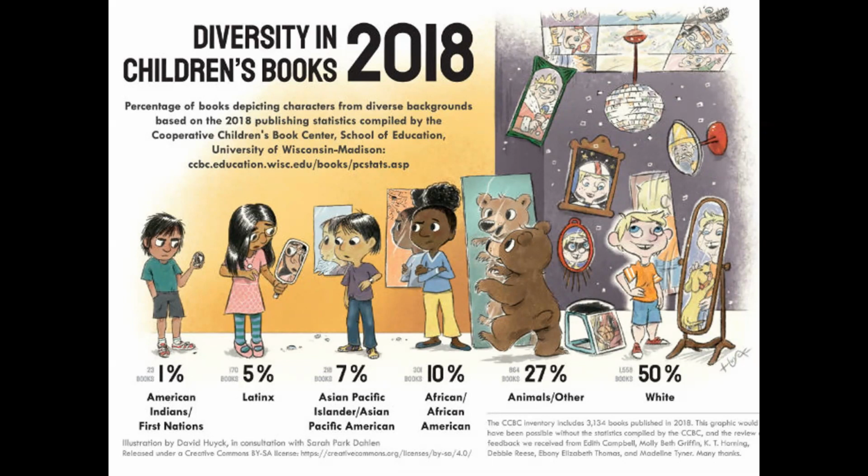But something to point out is that there are more books published about animals in 2018, animals and non-human objects, than books with Native American, Latinx, Asian Pacific Islander, and African Americans combined. So with books like Bear Sees Colors, and Pete the Cat, and This Book is Gray, and whatever, it can be easy to justify such a large percentage of animal books at 28% animal and others.